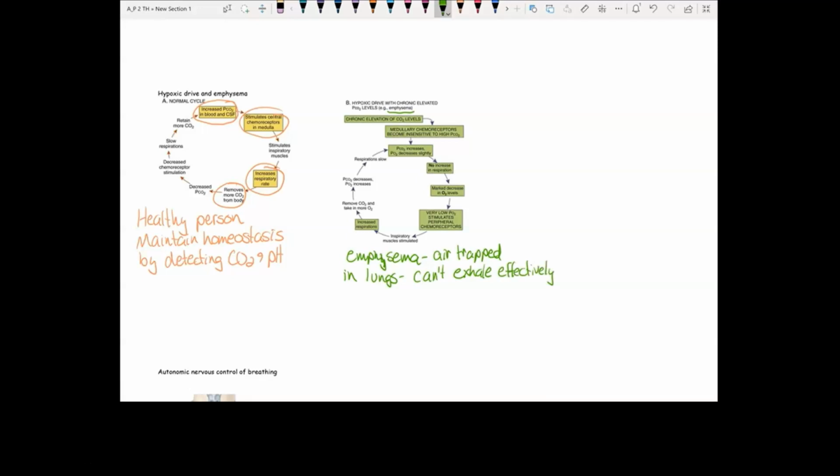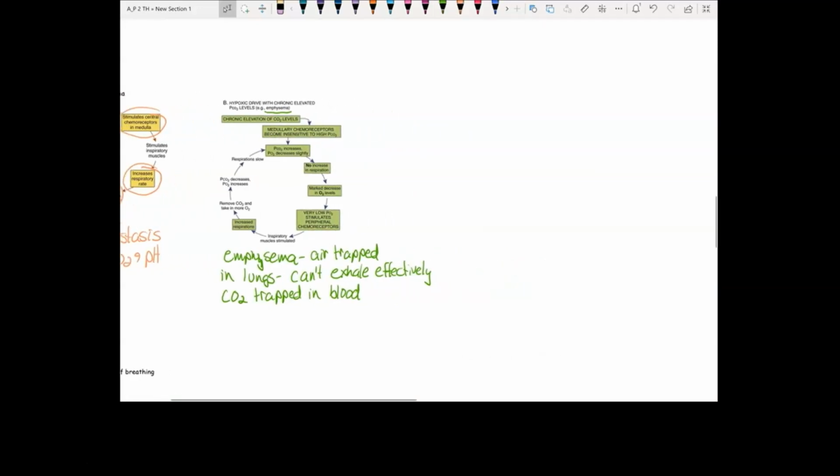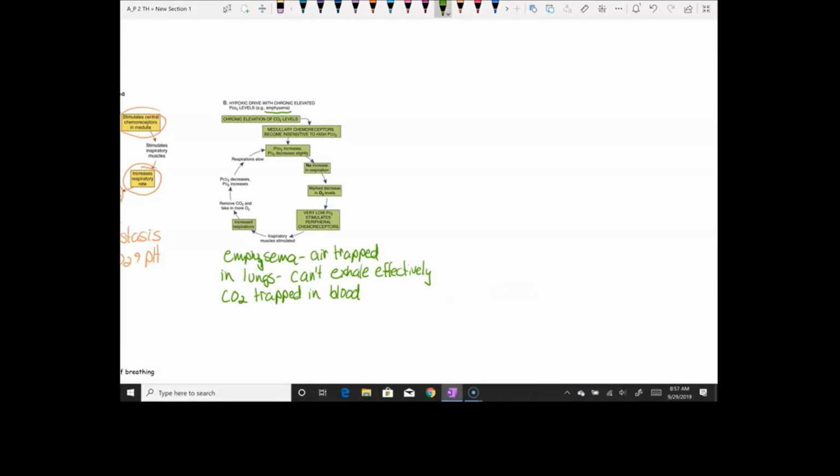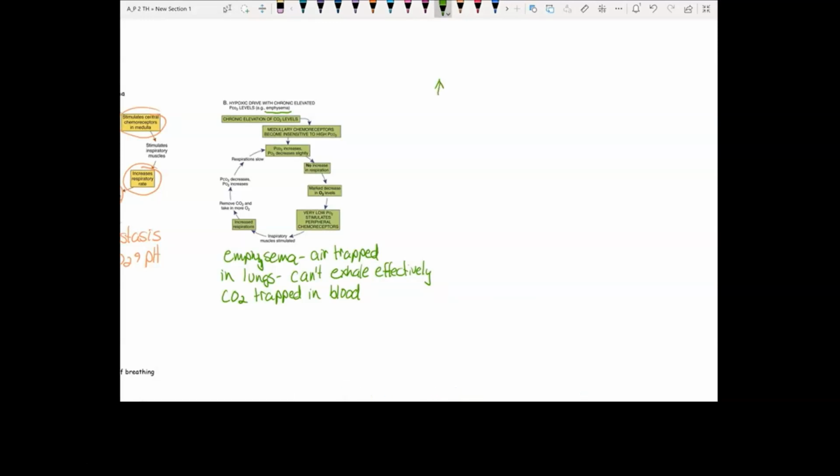Because you can't exhale effectively, this means that carbon dioxide becomes trapped in your blood. Okay, so then think about what happens to carbon dioxide level. If it's trapped in your blood, the level becomes high. So you have high carbon dioxide, which would also mean that you have low pH.